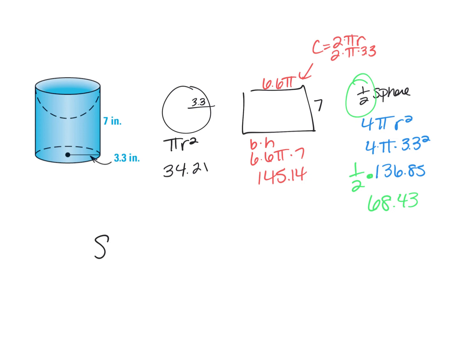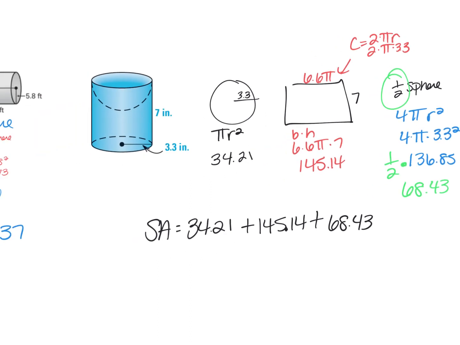All right, let's do the whole surface area. I've got one side that's 34.21, because remember there's only one circle on the bottom. The top does not have a circle. Plus one of the 145.14s, plus the half sphere, which is 68.43.